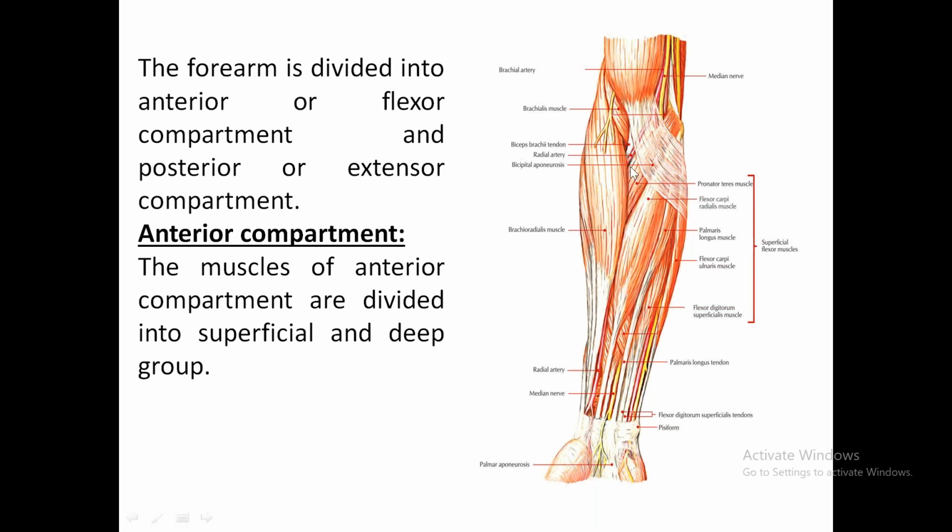The superficial muscles are pronator teres, flexor carpi radialis, palmaris longus, which has a long tendon, flexor carpi ulnaris, and flexor digitorum superficialis. The tendon is divided into many digits. This is the flexor digitorum superficialis.